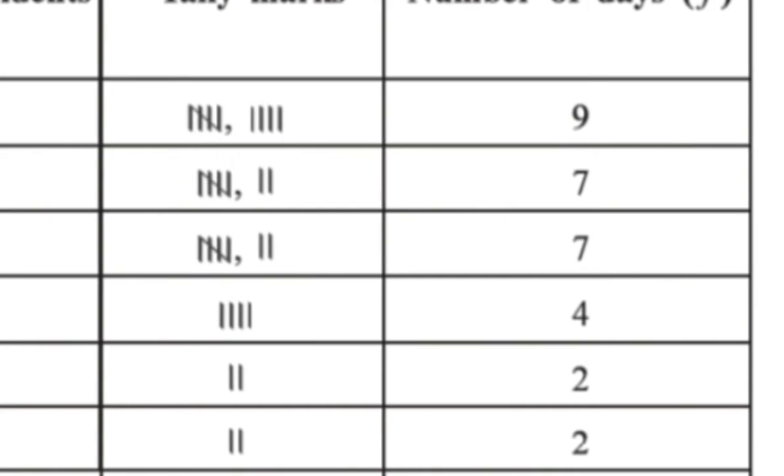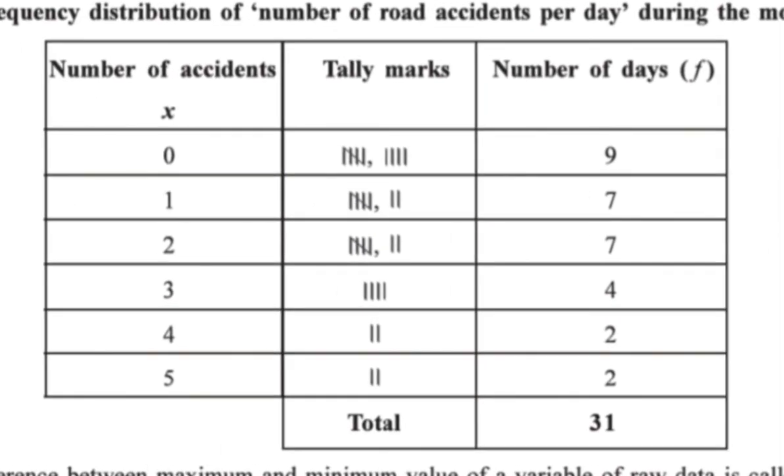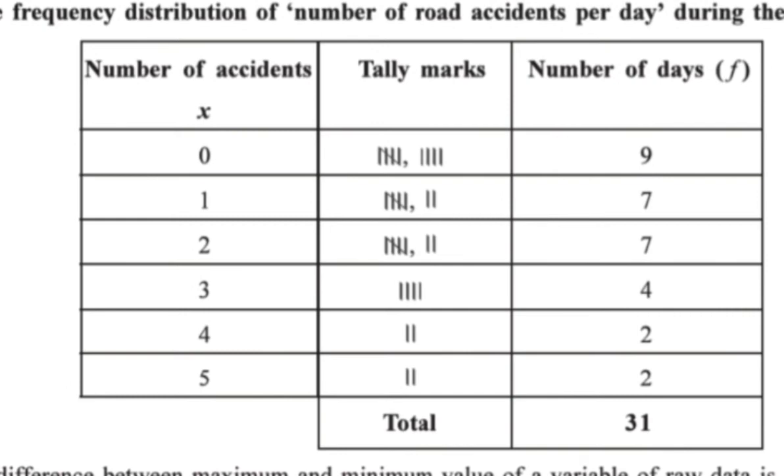What does this frequency show? That for how many times a particular event is repeated. So if you look at this example, seeing the first column and the last column, there were 9 days in the month when there were no accidents.